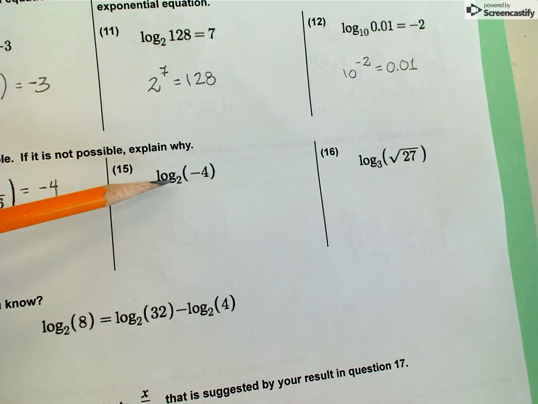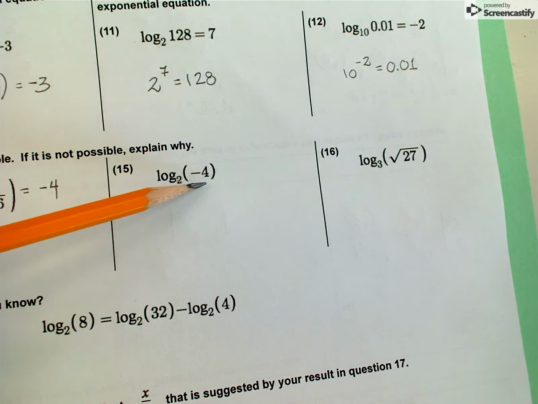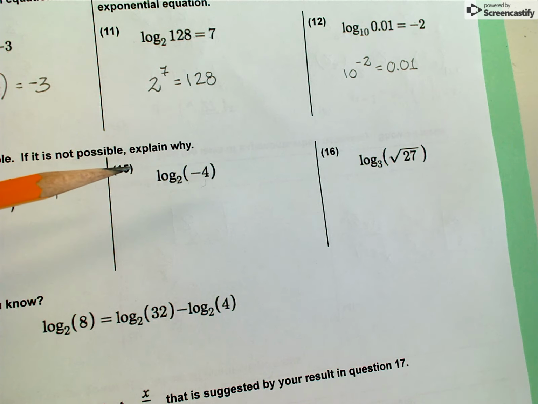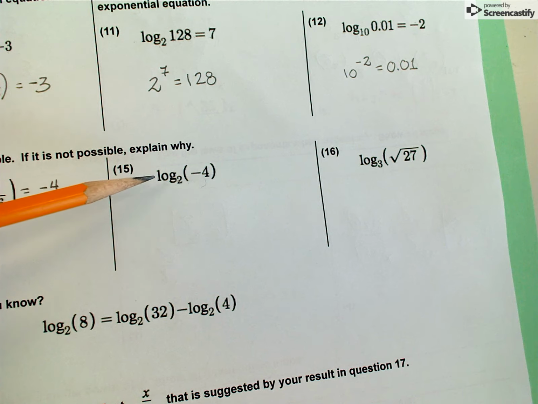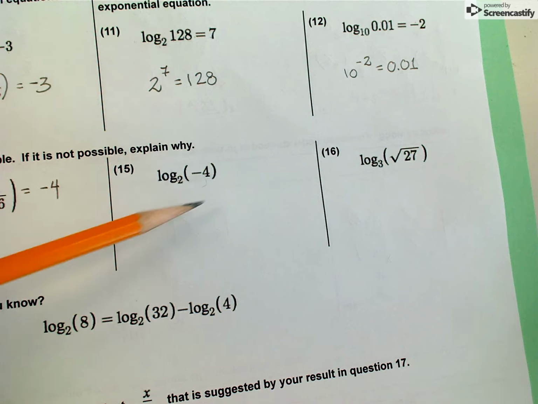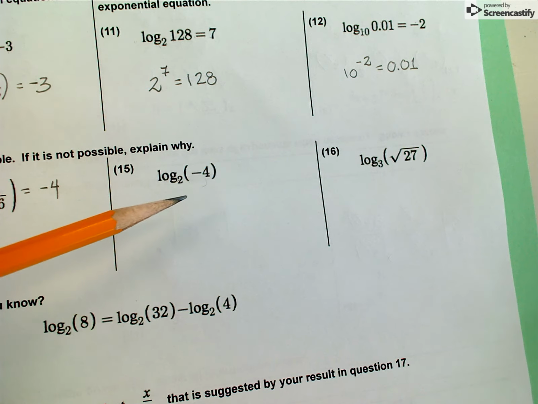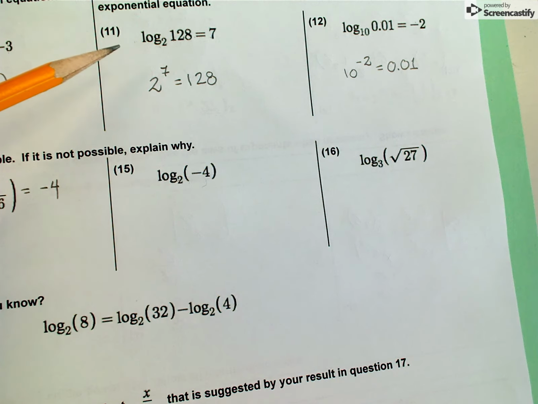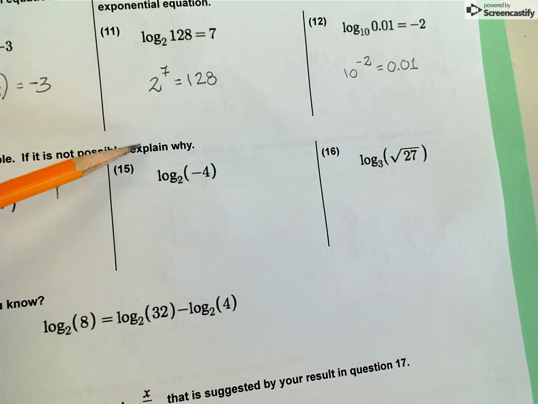This one, the question that we're trying to answer is 2 to what power equals negative 4? And maybe immediately you recall from the problem set that this is not something that actually can be done. It's not possible. So let me try to explain a little bit of my thinking about how I know this is not possible. And by doing that, I'm going to do exactly what I did up here.